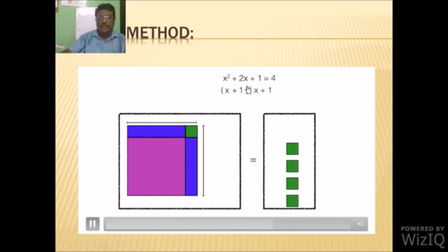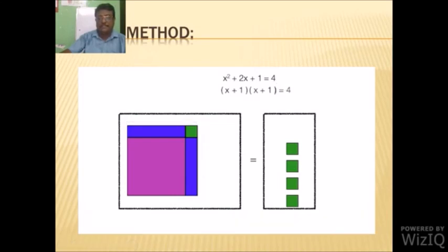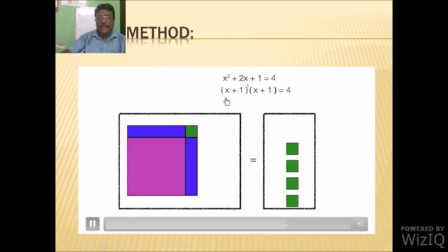So we get 1 plus 1 equal to 2. That means the left side becomes x plus 1 whole square. So what do you get now? X plus 1 whole square equal to 4. That is the equation.